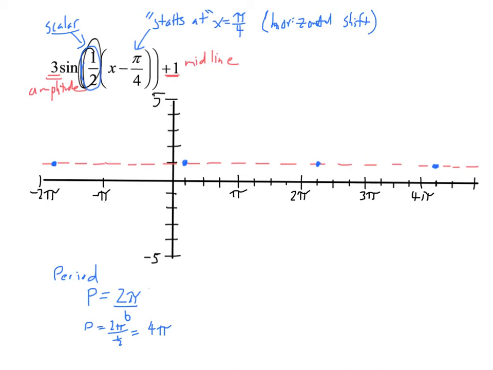Now, where we get up to our maximum, our amplitude there is 3. It's positive, so that means that it's going to curve up. That's important too. So it's going to start by going up, and then the question is, where does it get to its maximum? And that's got to be exactly halfway between these 2 points, and that's going to be at this location.